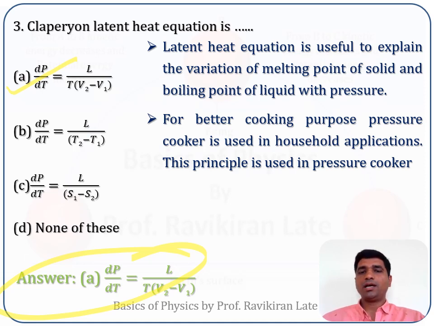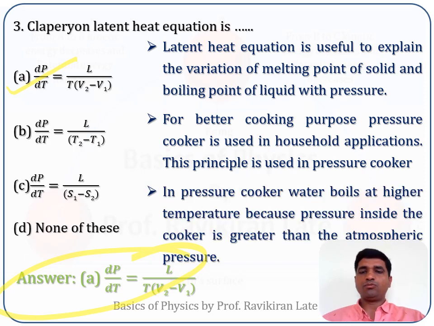For example, in the kitchen, a pressure cooker is used for cooking. The pressure cooker also uses the same principle given by Clapeyron's latent heat equation.